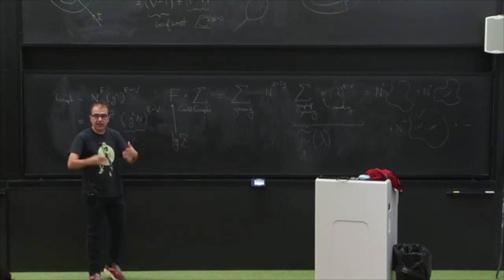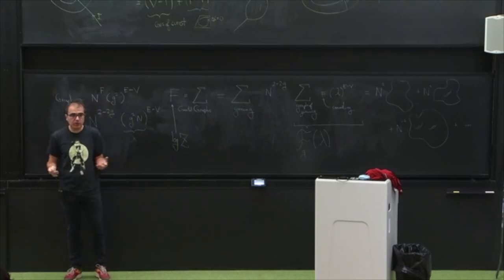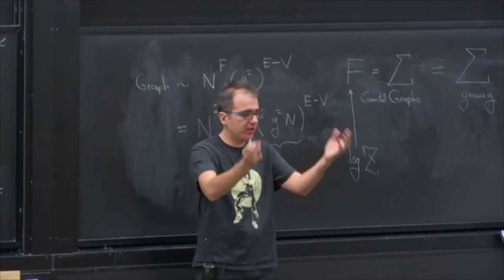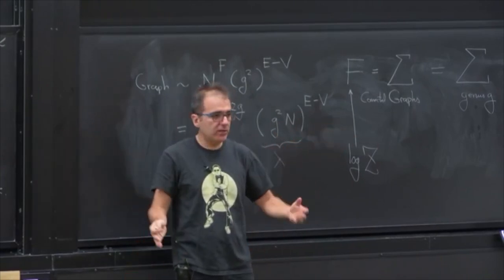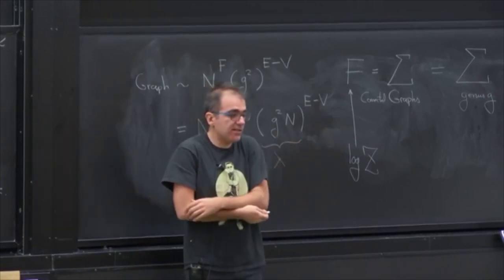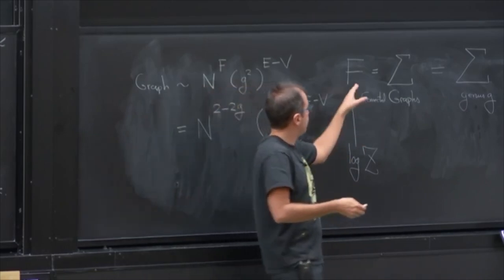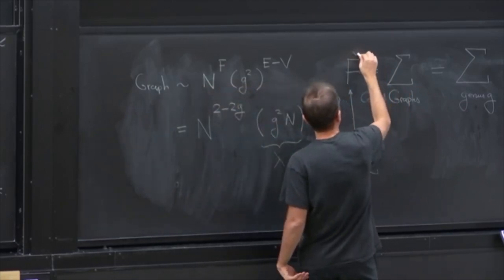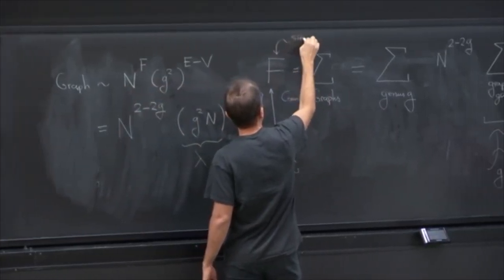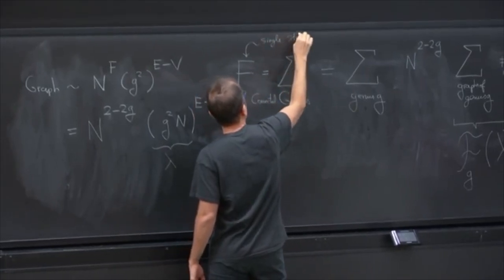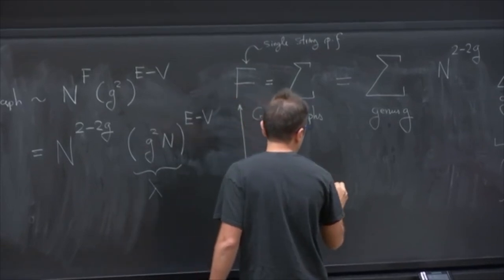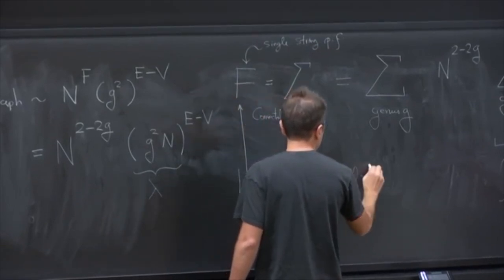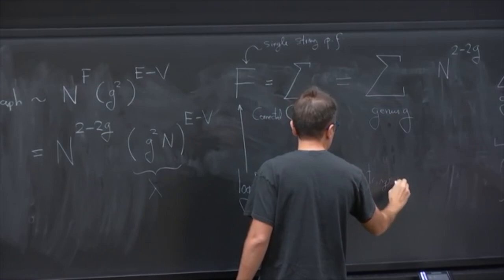So z is like a gas of strings. It has disconnected components, so it has a sum of all planar graph squared, planar graph cubed, etc. And so it's really a gas of strings. And F, the free energy, is like a single string partition function, whereas z would be a gas of strings partition function.